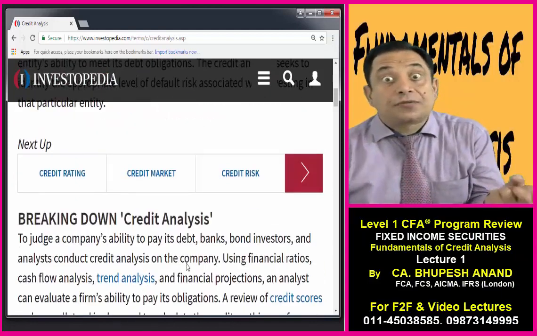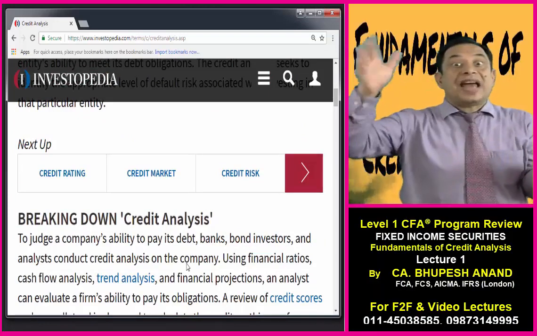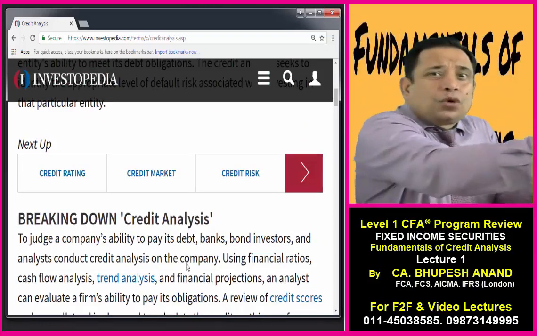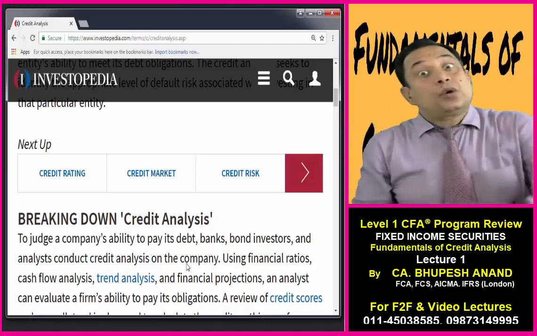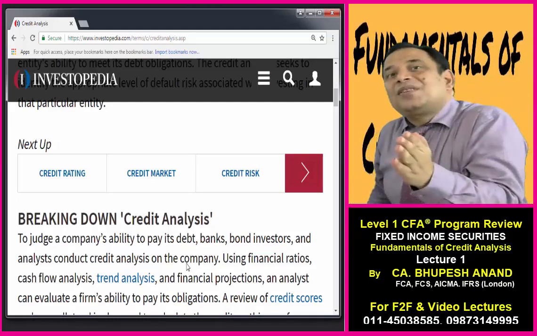That is, how much is the default risk in Kingfisher Airlines, for example? Banks like Canara Bank, Punjab National Bank, so many banks have given loans to Kingfisher Airlines. They must have done credit analysis before giving the loan, on whether Kingfisher Airlines will be able to return their money or not.